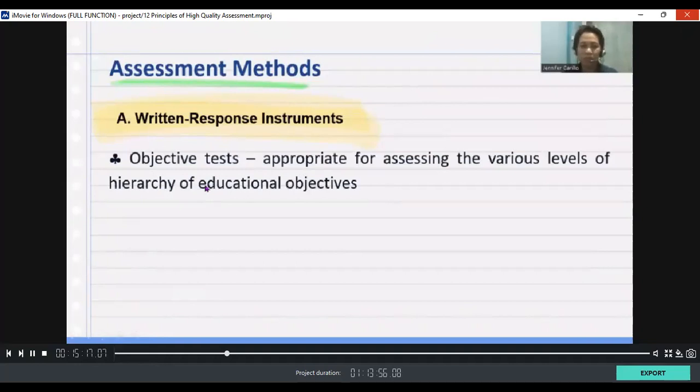So if you want to assess the cognitive domain of the students, you can use objective test. Examples are those with correct answers, specific answer or answers: multiple choice, matching type, fill in the blanks, identification, enumeration.